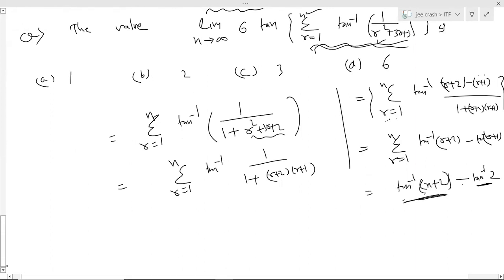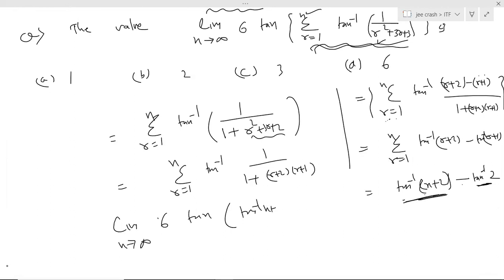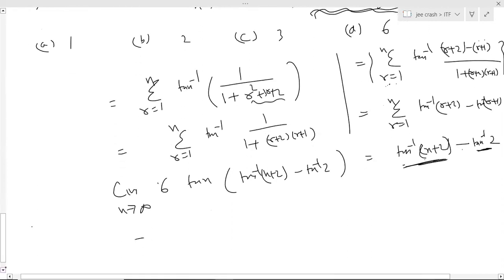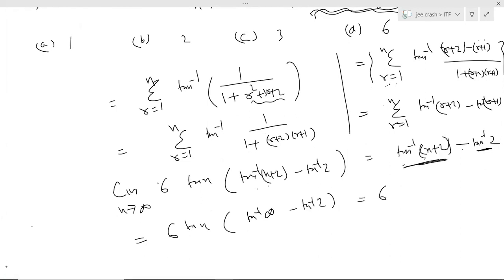All right. Now look at the question. We have limit n tending to infinity 6 tan inverse n plus 2 minus tan inverse 2. You can now apply the limits here also. So this will become 6 tan inverse infinity minus tan inverse 2. This is 6 times pi by 2 minus tan inverse 2.